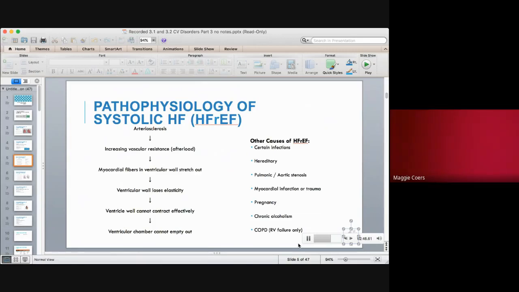When we talk about systolic heart failure with pregnancy, it's usually hormone driven, and we call that hormone driven cardiomyopathy, because there's a huge surge of estrogen and that can contribute to poor cardiac function. Alcohol also is directly toxic to heart muscle.